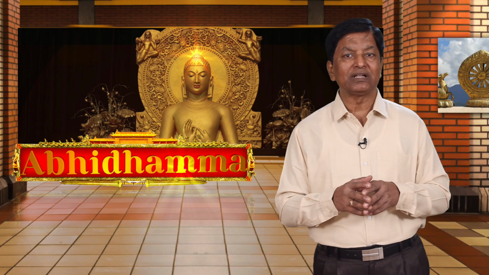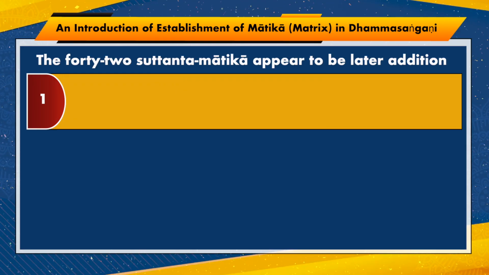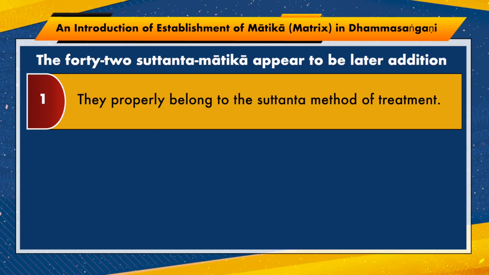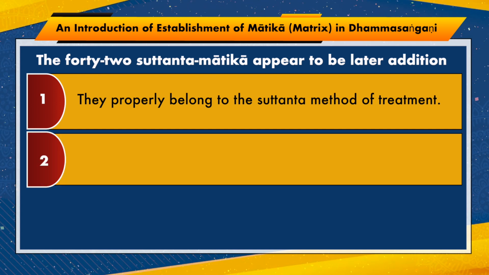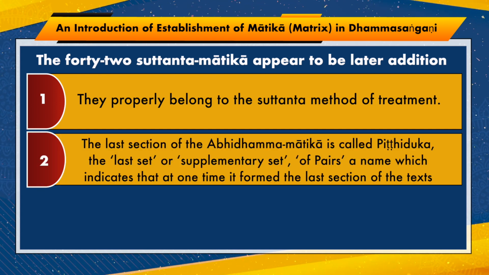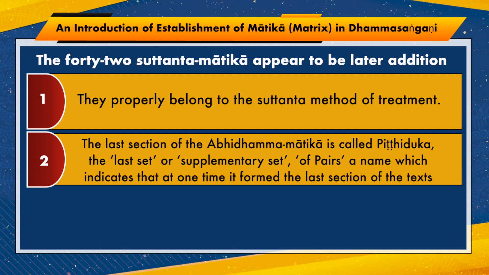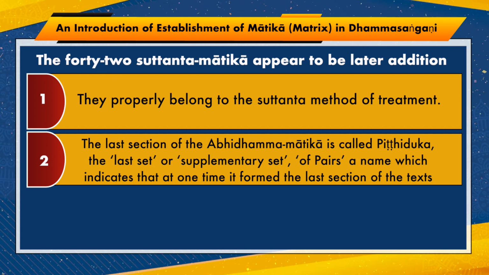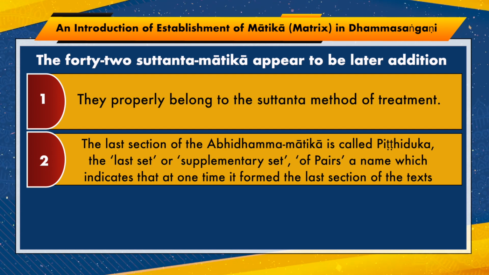These 42 Sutanta Mātikās appear to be a later addition. First, because they properly belong to the Sutanta method of treatment. Secondly, because the last section of the Abhidhamma Mātikā is called Piṭṭhi Dukkha, the last set or supplementary set of pairs, a name which indicates that at one time it formed the last section of the text.